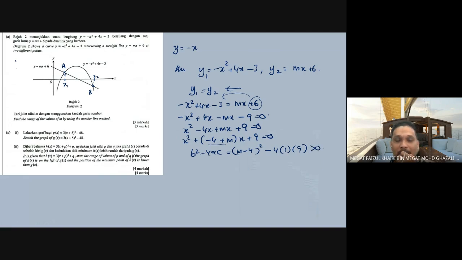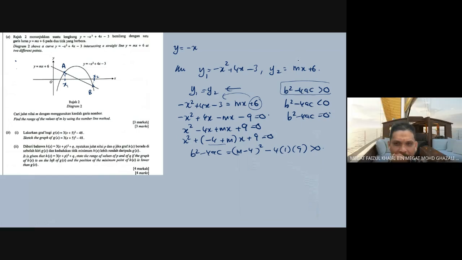Greater than 0, why? What is the b squared minus 4ac? B squared minus 4ac can be greater than 0, less than 0, or equal to 0. So b squared minus 4ac greater than 0 shows that the curve intersects at 2 points of the x-axis, am I right?